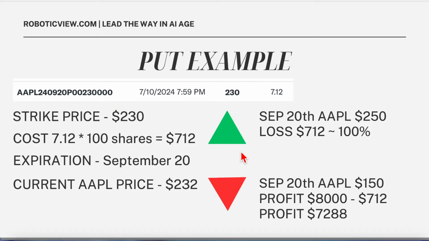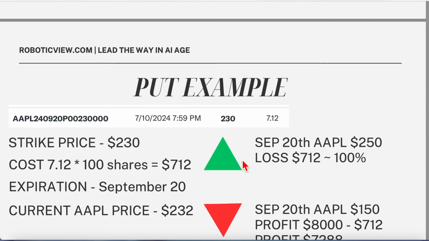You could assume that maybe Apple is overrated and something bad is gonna happen to it, so you feel really bearish about it, and then you could buy a put, and that would be pretty much the same as going short the stock. So you could make money even when the stock drops.